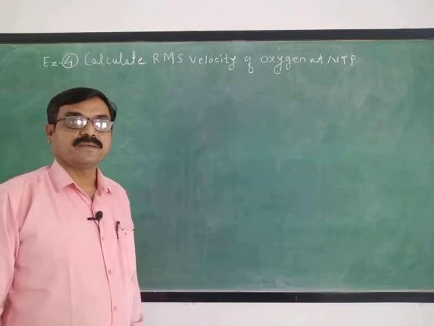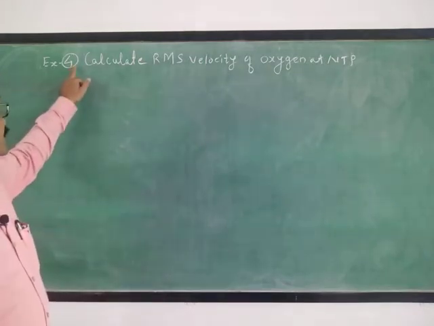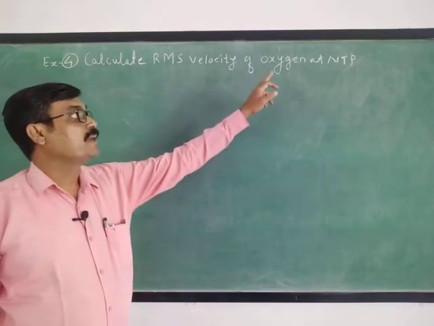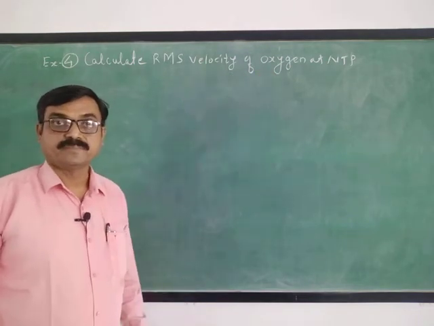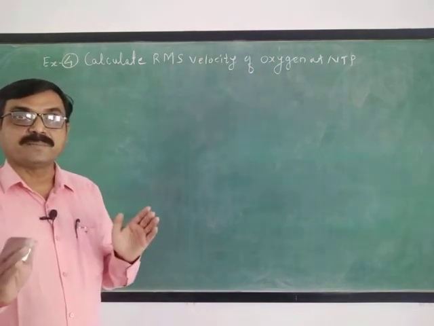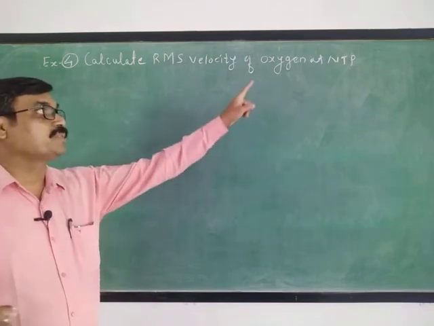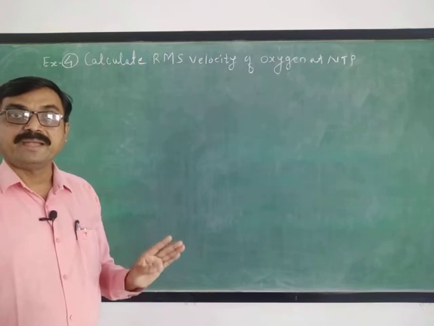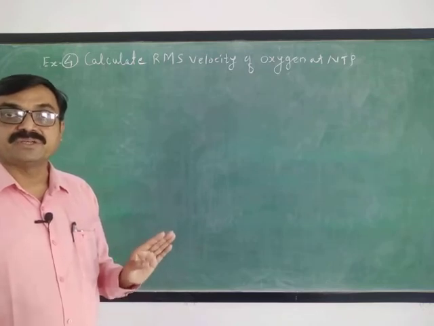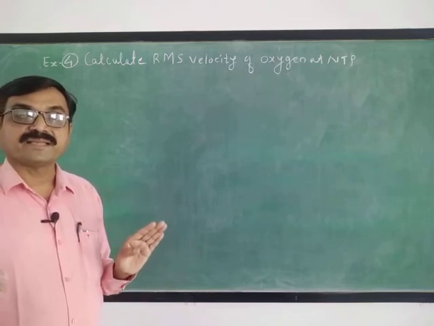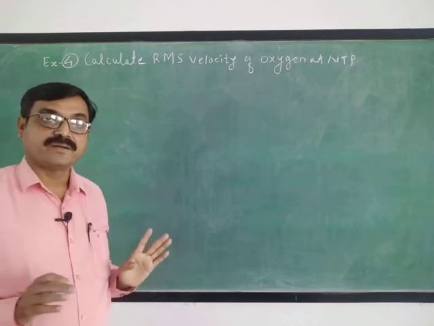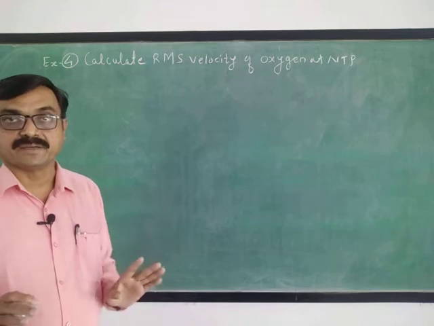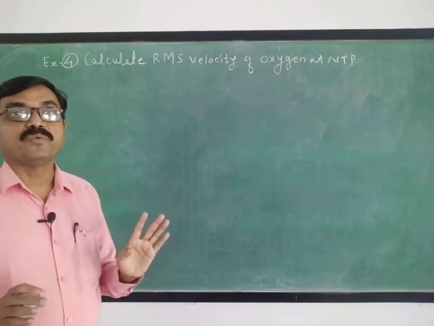Now see the next example, example 4. Calculate RMS velocity of oxygen at NTP. In the example the only given condition is normal temperature and pressure. You must know the NTP. NTP means the pressure of the gas is 1 atmosphere and the volume is 22.4 liter or 22.4 dm cube.